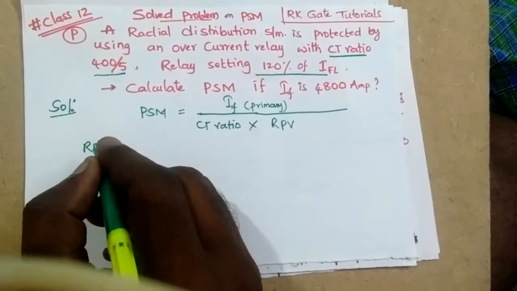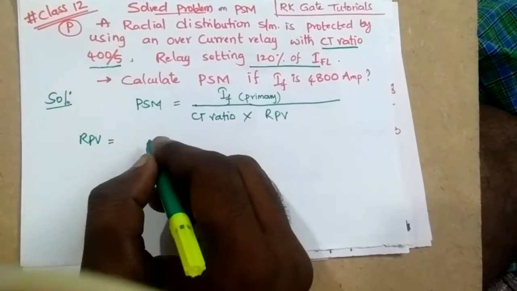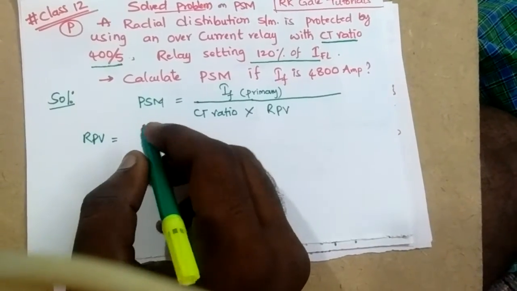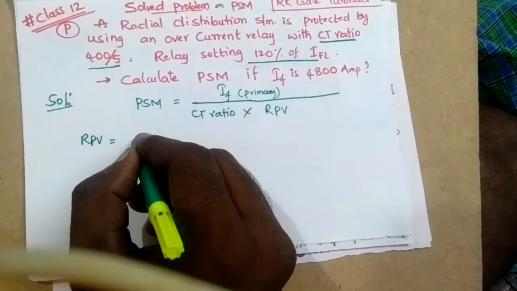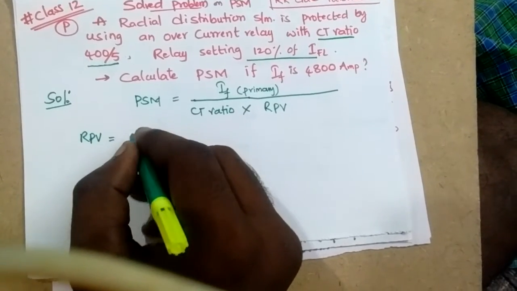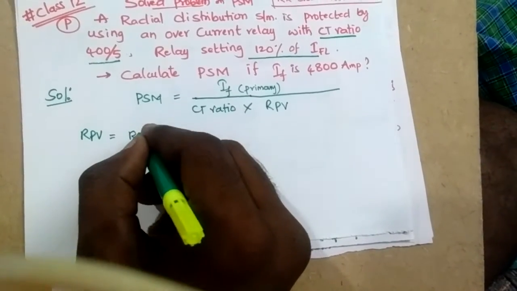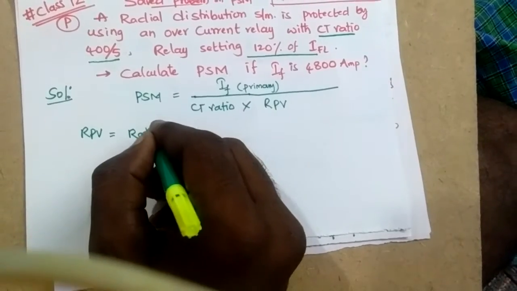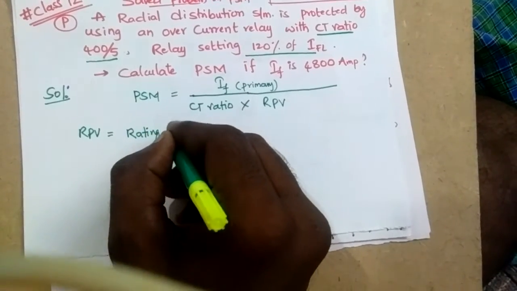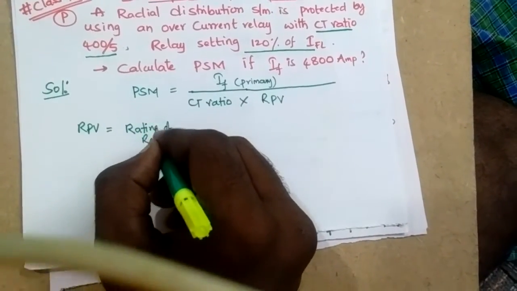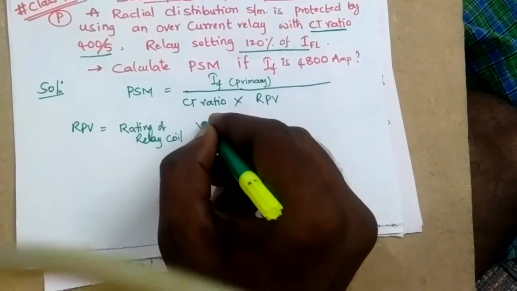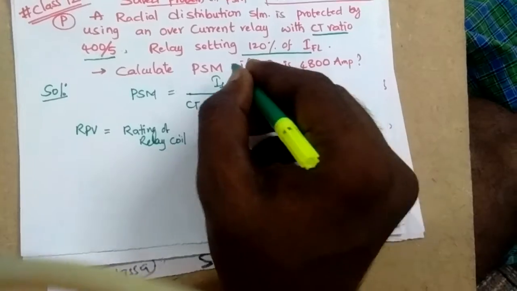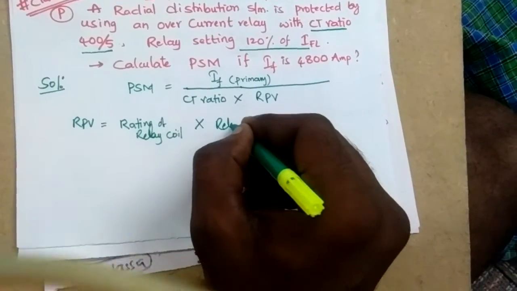What is RPV? Relay pickup value can be defined by a formula: it is the rating of the relay coil multiplied by relay setting.